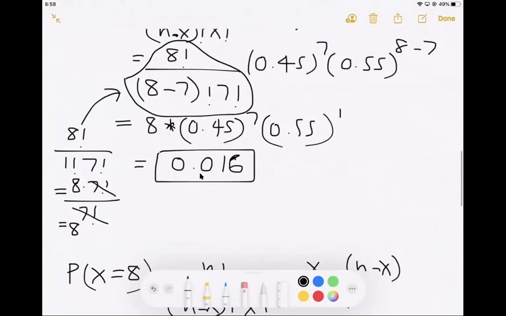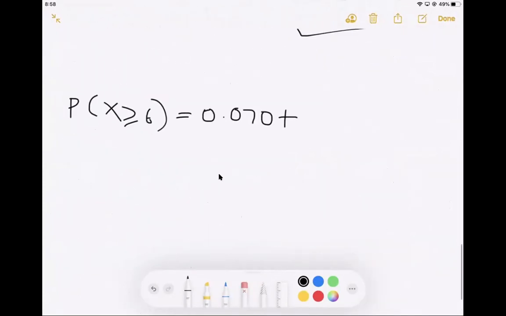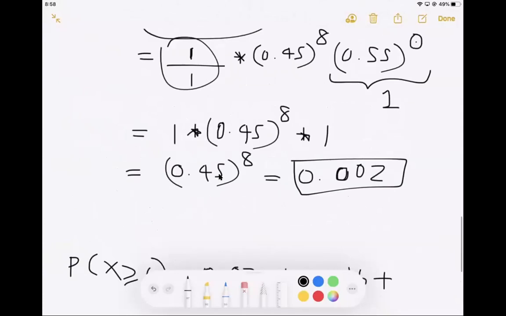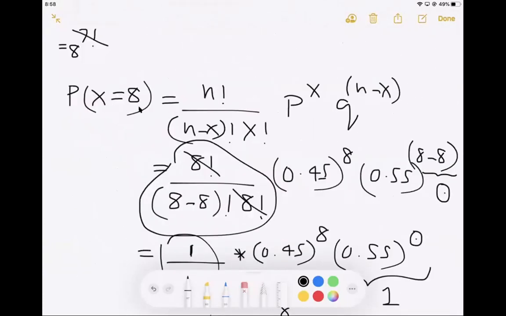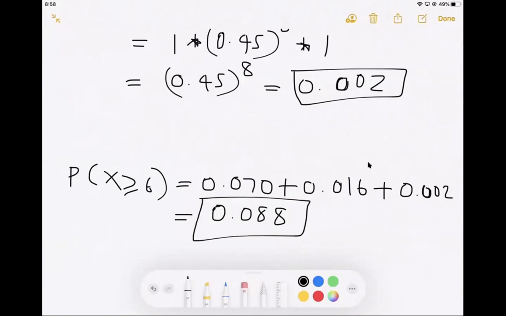What is the value? This one, 0.016. What is the last probability value? X equal to 8. The value is 0.002. So what is the answer? Add them all: 0.088. So this is the final answer.